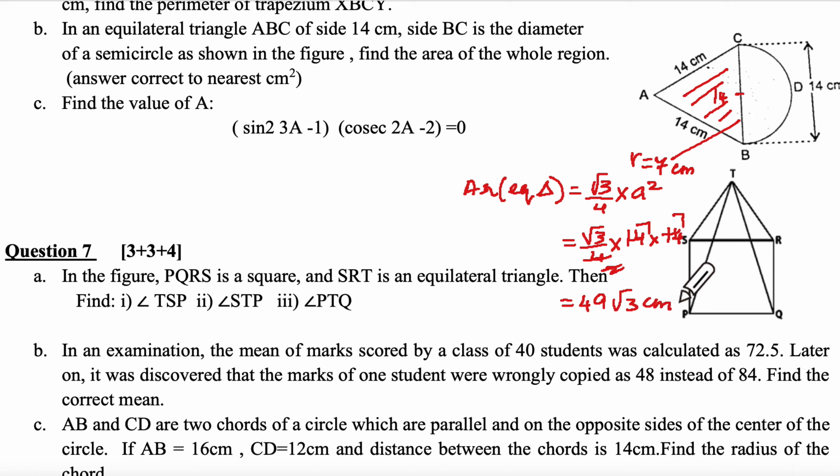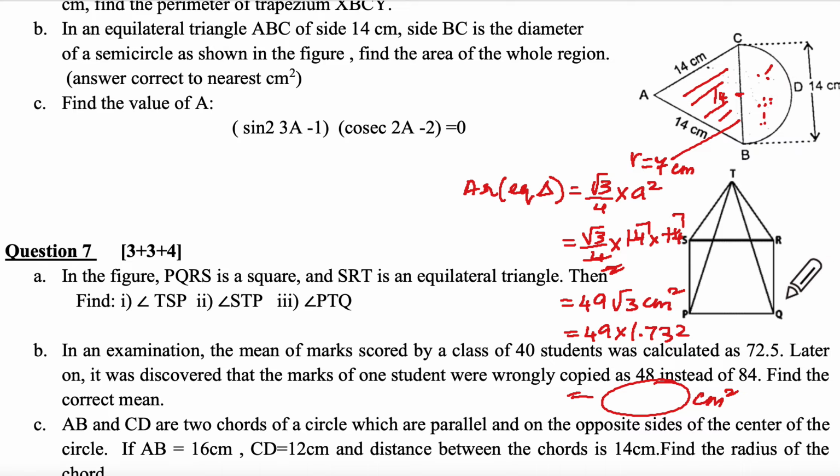Okay, centimeter square. Then what will be the area of the semicircle? What will it be? Half of pi r square. You can do it and then you add. Of course, you'll have to make this as 49 into 1.732, which is equal to some centimeter square. But here you will not get a fraction, you will get a whole number.